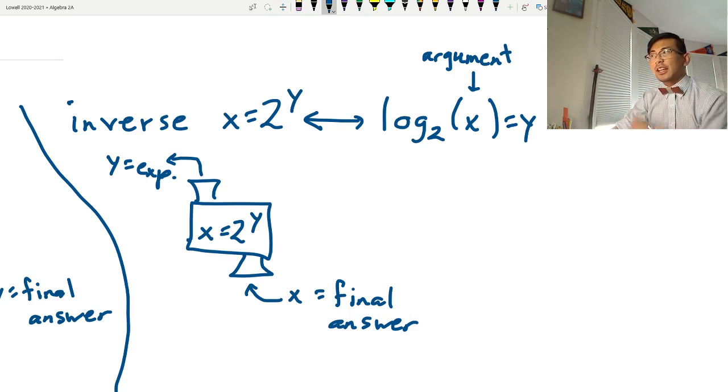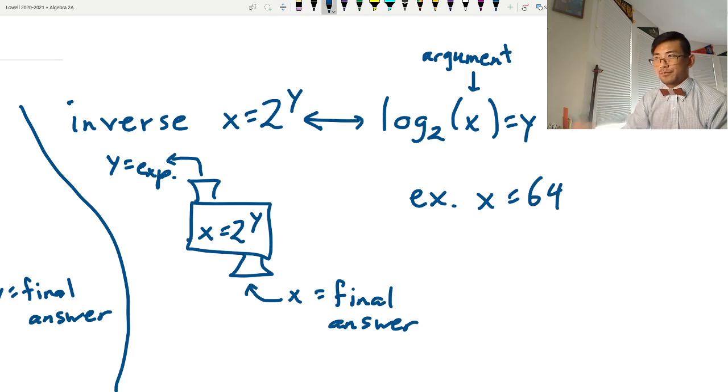An example of this would be, let's say x equals 64. The original equation in its exponential form, that's what this one is, exponential form.